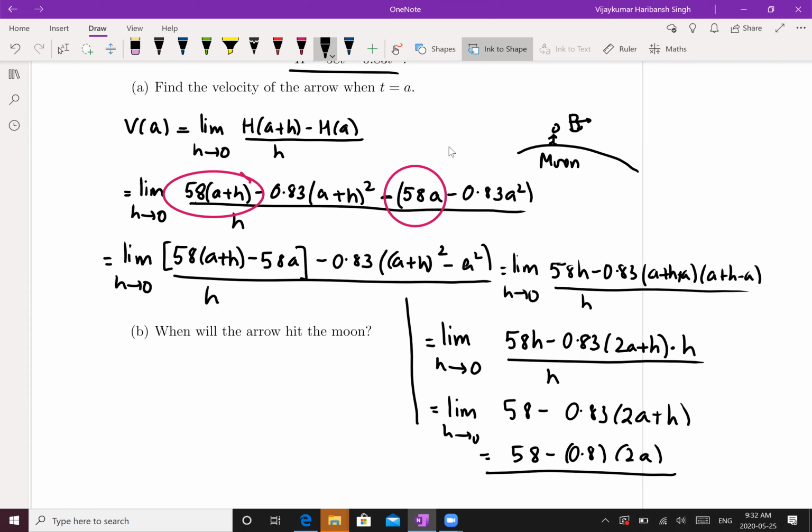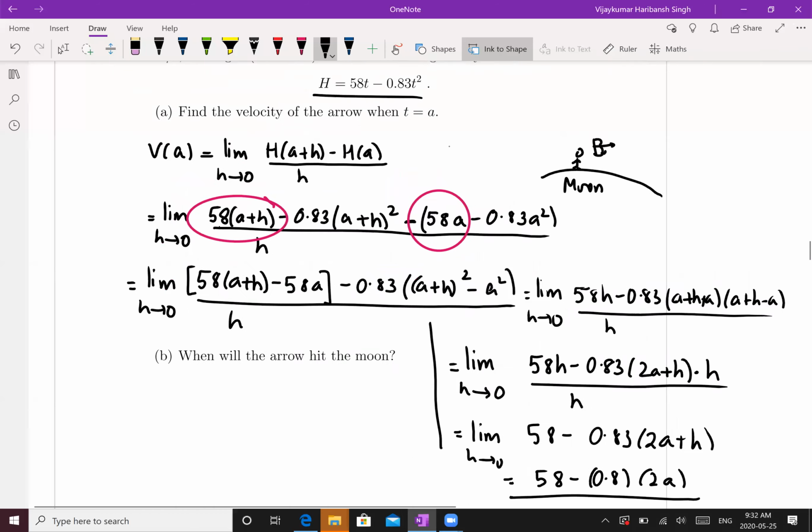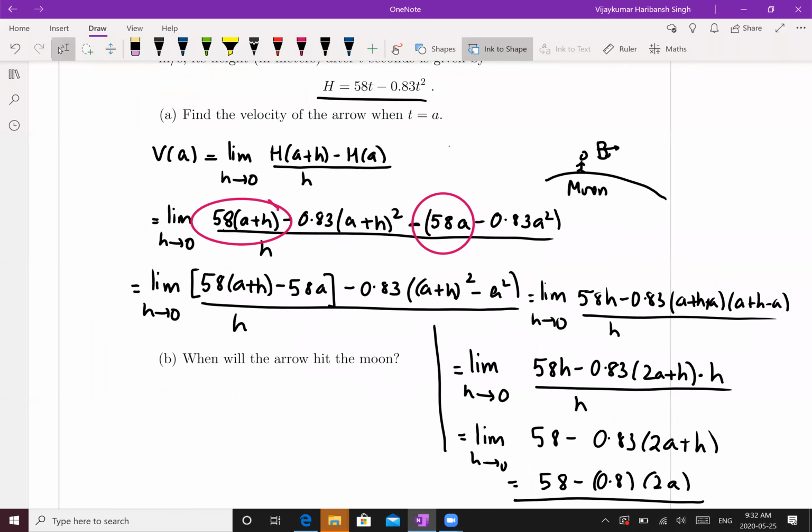All right. Now let's answer the next question. When will the arrow hit the moon? Okay, so you're on the surface of the moon, and you're shooting the arrow. When does the arrow hit the moon? When the height h of t is 0.